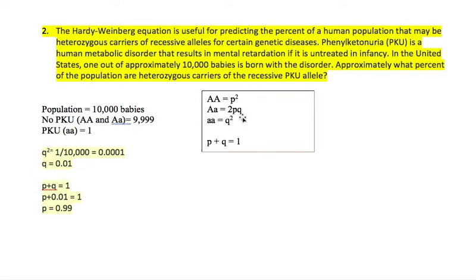If I want to find heterozygous, now I'm going to use 2pq. So that's going to be 2 times 0.99 times 0.01.